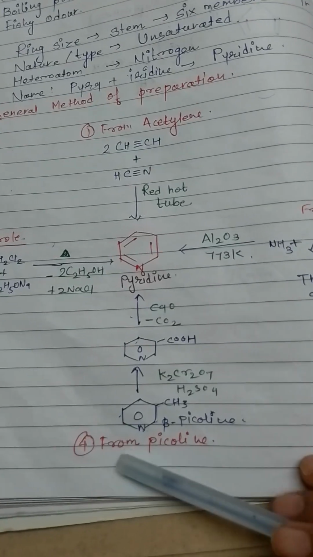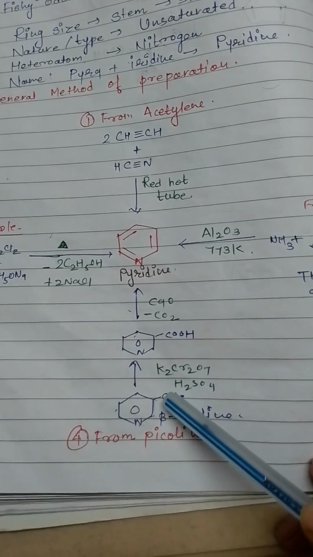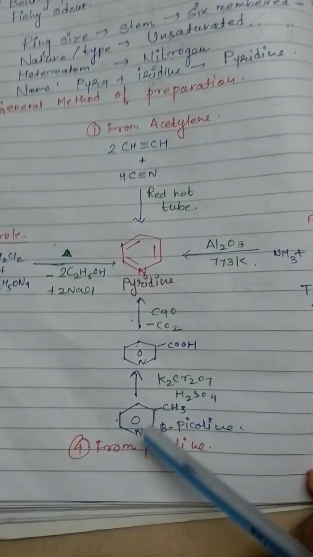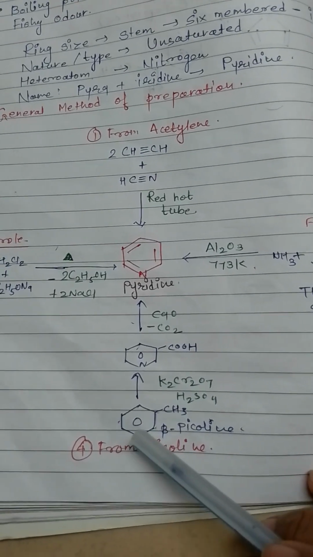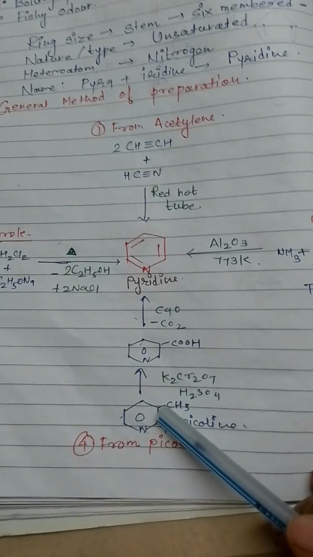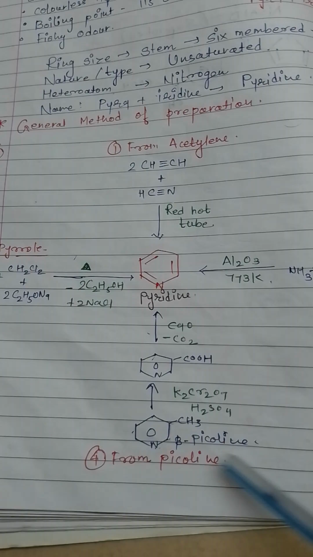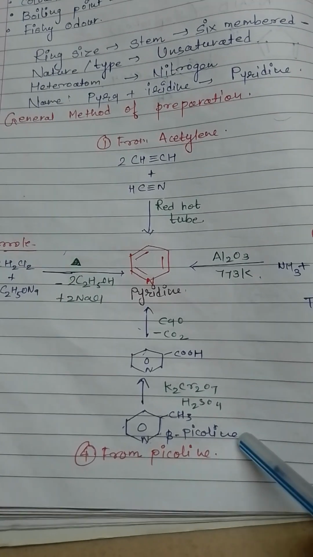The fourth preparation is from picoline. See, the pyridine ring, and at the third position a methyl group. After the nitrogen atom, this one is the alpha position and C3 is the beta position, right? So this is beta picoline. This is the structure of beta picoline.